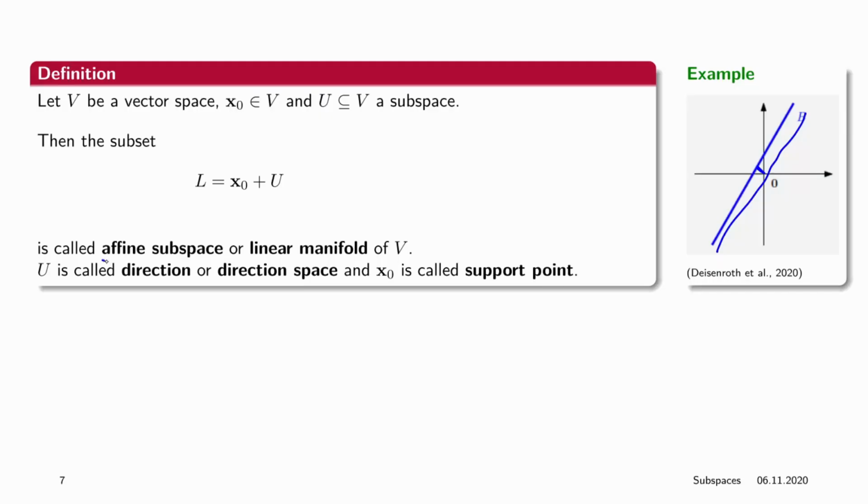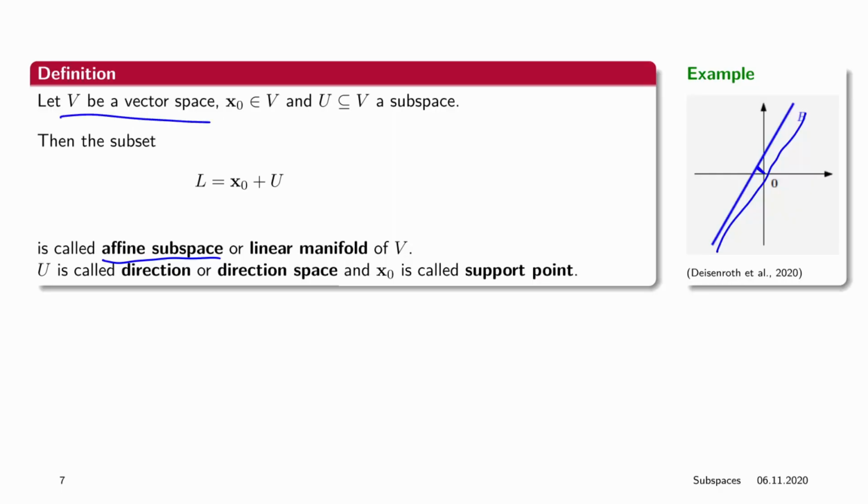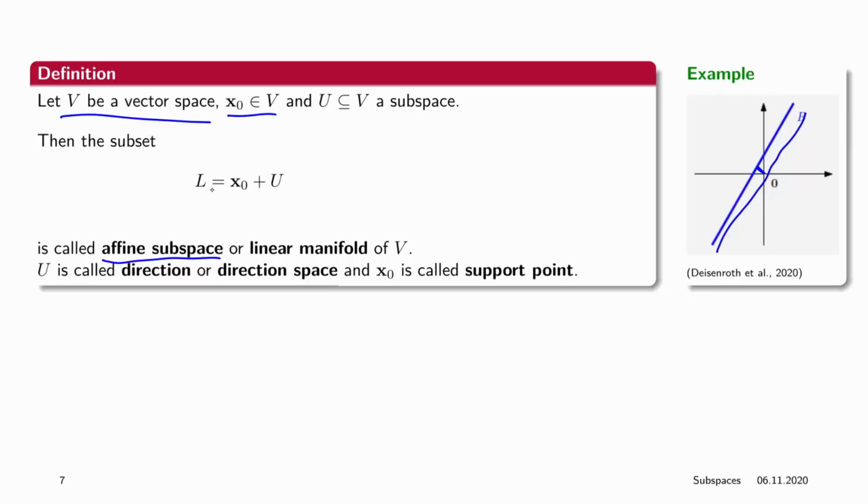And this concept is exactly given by affine subspaces or linear manifolds of our vector space V. So let's define this. Let V be a vector space and x0 be some vector from V. If U is a subspace of V, then L is the space that is given by U displaced by this vector x0.